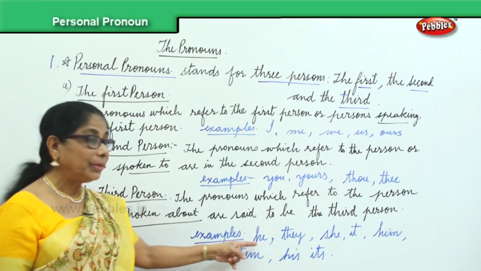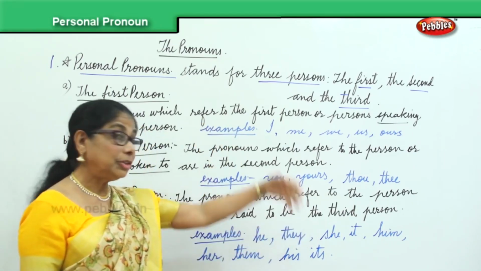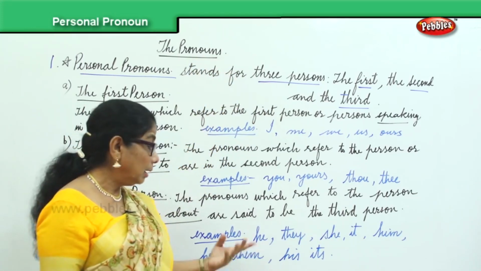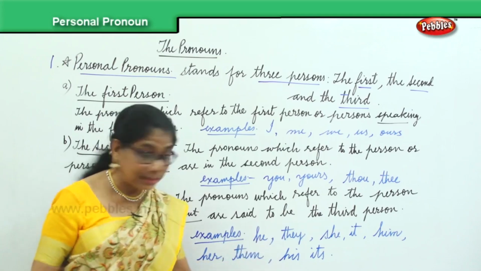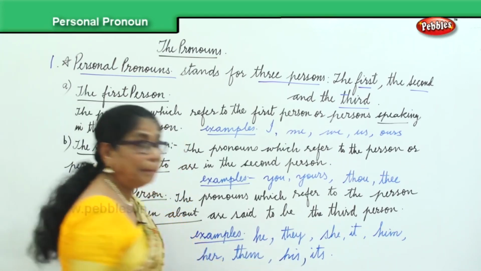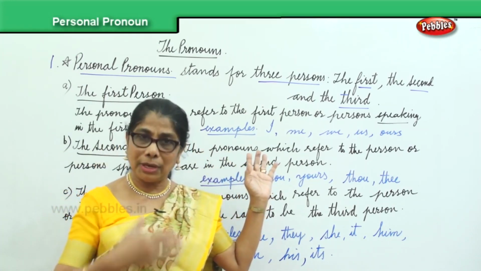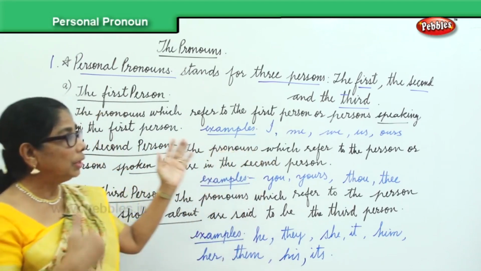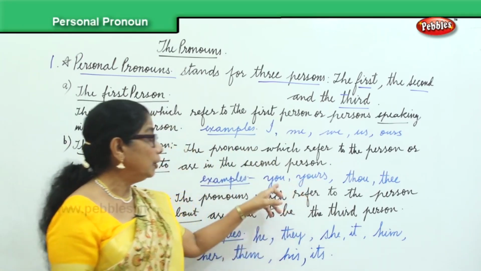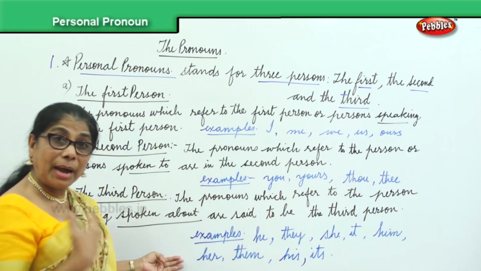For example, third person: he, they, she, it, him, her, them, his, its. Now, all these may look complicated, difficult. The first person is the one speaking, the second is spoken to, that will be you, yours, and all that, and the last one is spoken about.